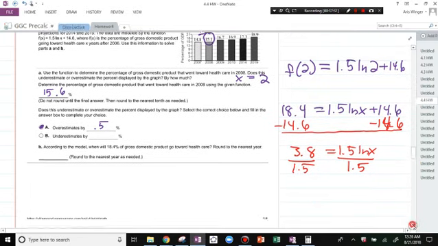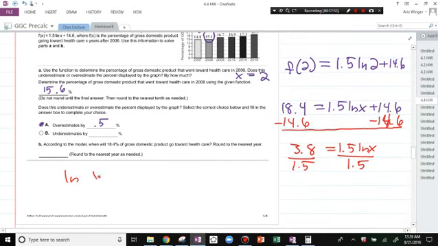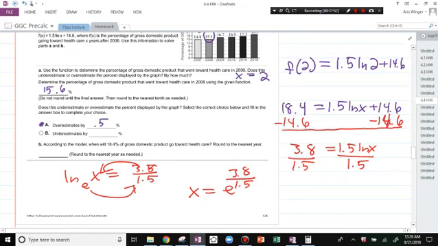So then I've got the natural log of x equals 3.8 over 1.5, and then we'll use the definition. The base is e, so e to the 3.8 over 1.5 is equal to x. Round to the nearest year, since x is in years.